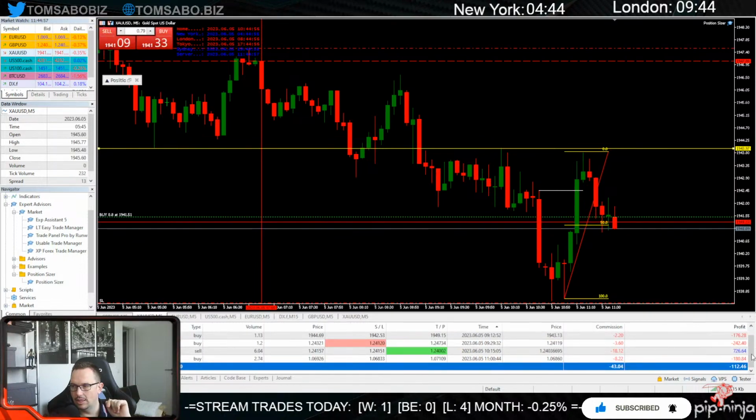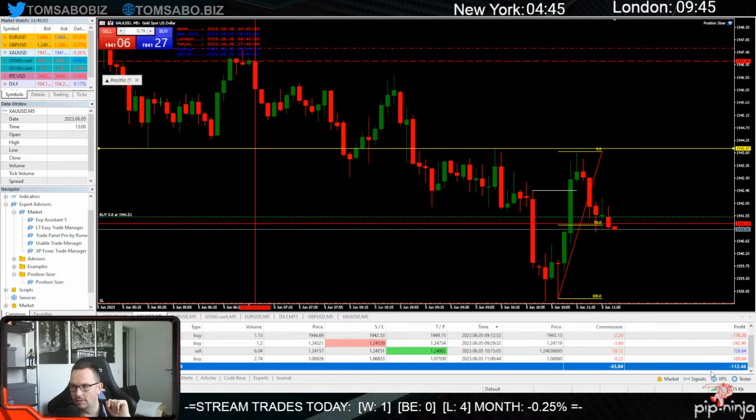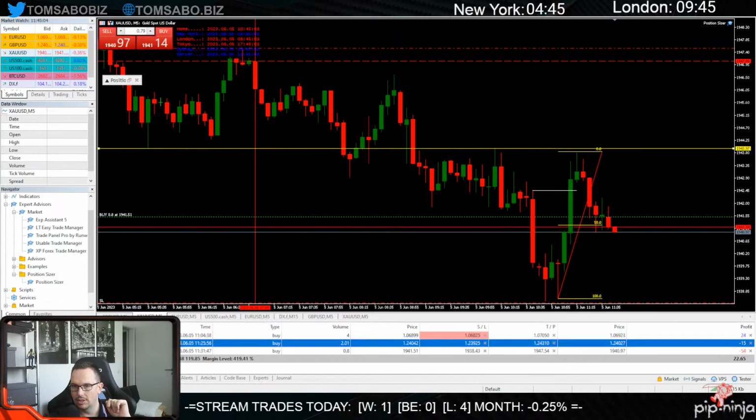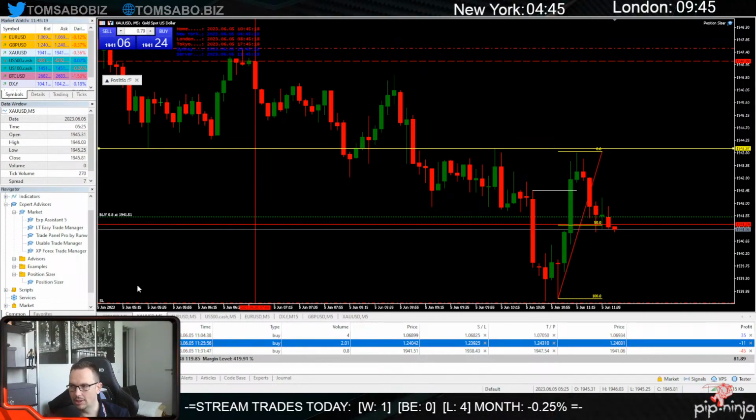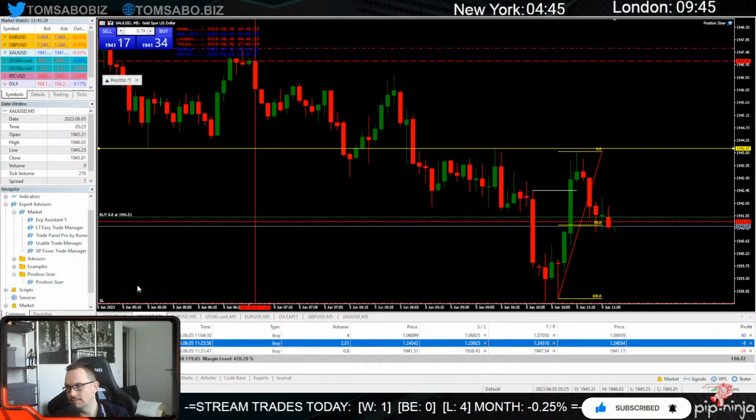So far today, overall we're down a little bit more than $100. The balance is still above 50K, just a little bit. It's a challenge account, so I really hope that we can make it somewhere with this one. And I do trade aggressively on challenge accounts. I'm doing aggressive high frequency trading on challenge accounts.